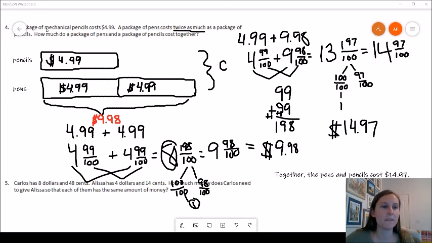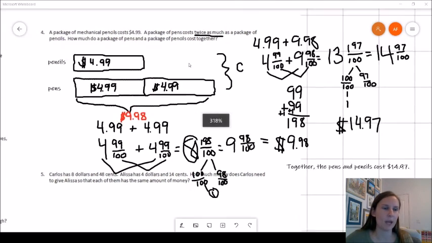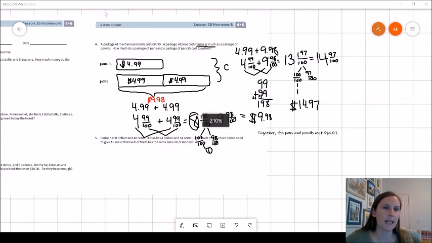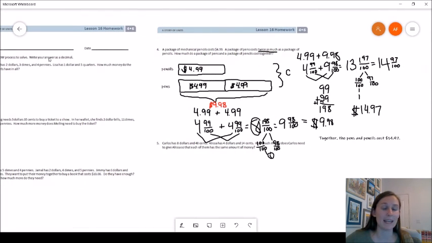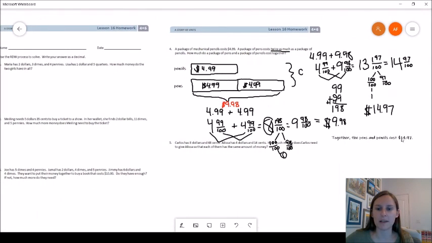Now I can ask myself, did I answer the question? How much do a package of pens and a package of pencils cost together? Yes, I knew what pencils cost. I had to figure out what the pens cost, and then I added them together to find the total. And then if we look back at my original directions, it said that I need to write my answer as a decimal. So I wrote my answer here as a decimal, and I am finished solving the problem.